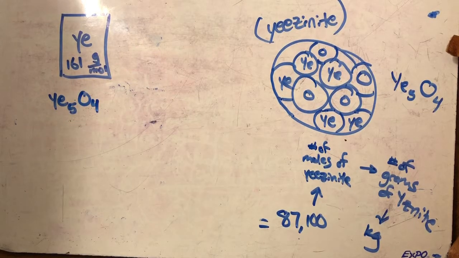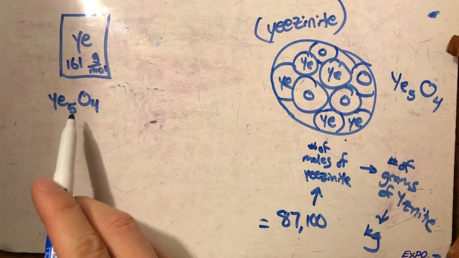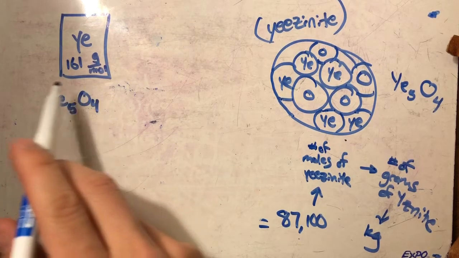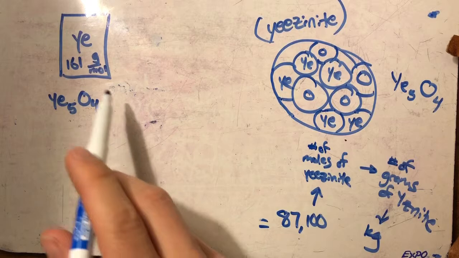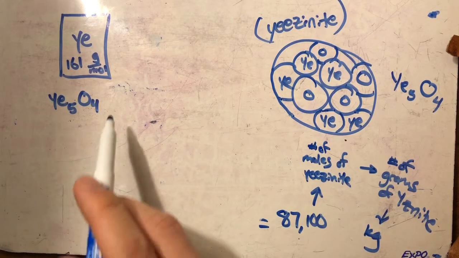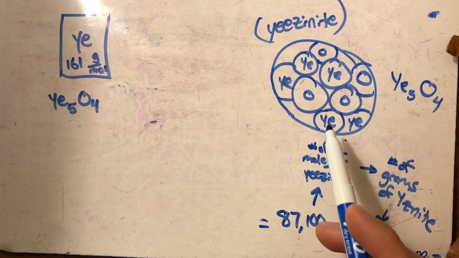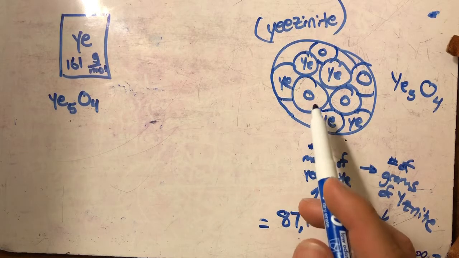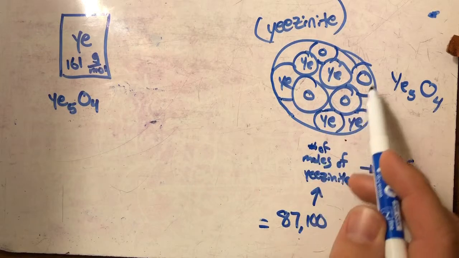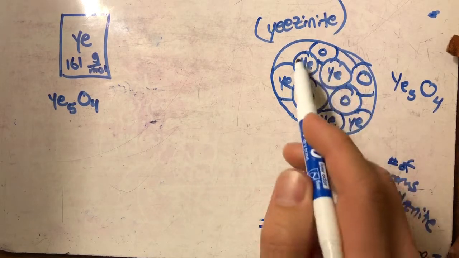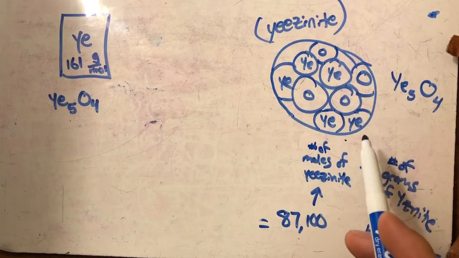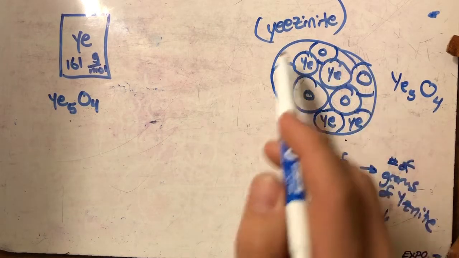And if you think back to the iHotpocalypse question from the CC as well, you'll remember that if we want to find out how much 1 mole of Yeezinite formula units weighs, then we need to figure out how many moles of oxygen atoms and how many moles of yttrium atoms are part of that 1 mole of Yeezinite.